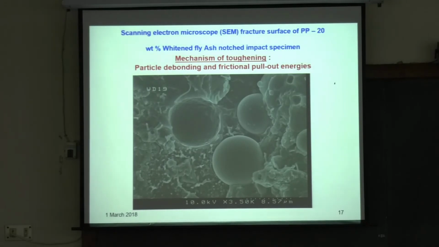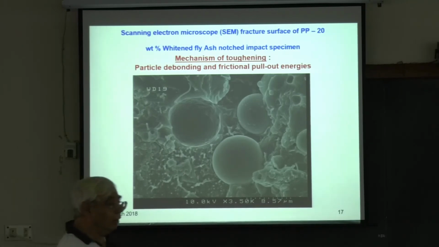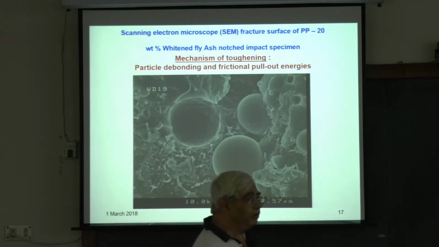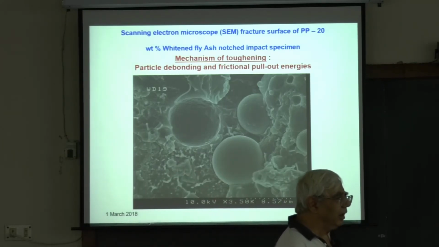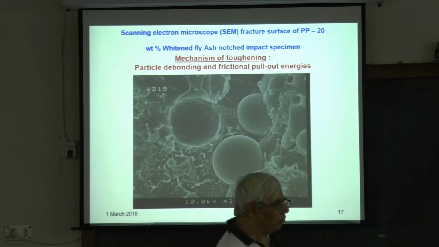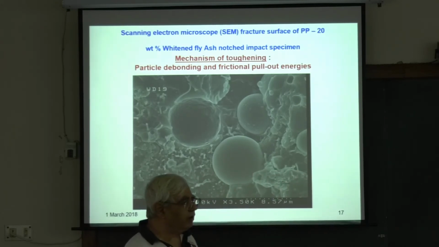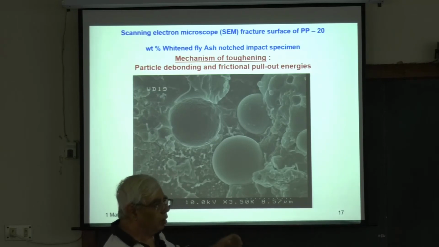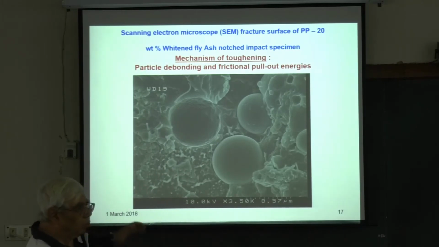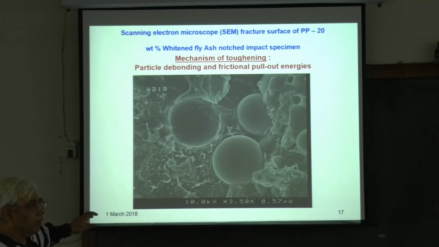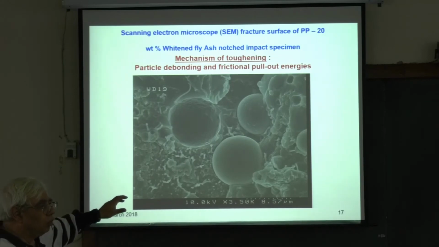Now, scanning electron microscope of the fracture surface of 20% near-whitened fly ash. This is not plain fracture, this is impact fracture. I think it's like joules per meter square something. Yes, they have different types of units, but basically the way I was looking at it, whatever you have without the near-whitened fly ash, you get about 25% more.